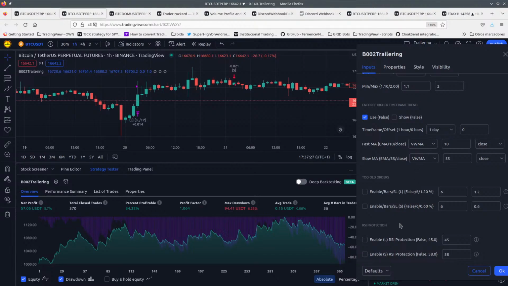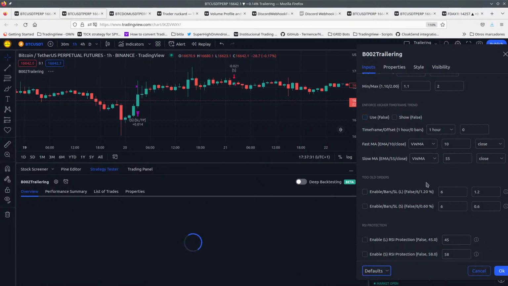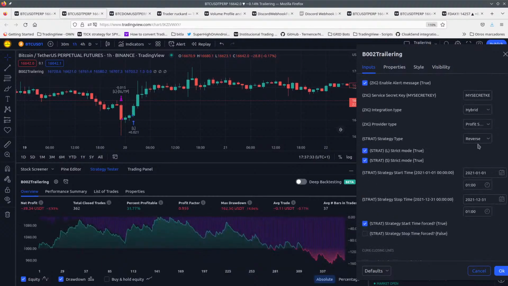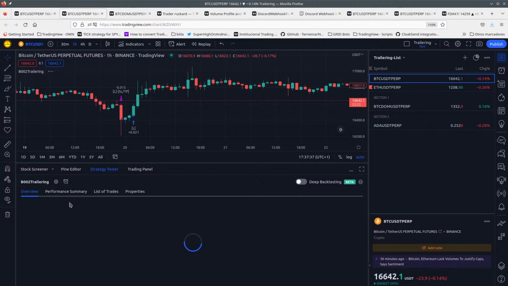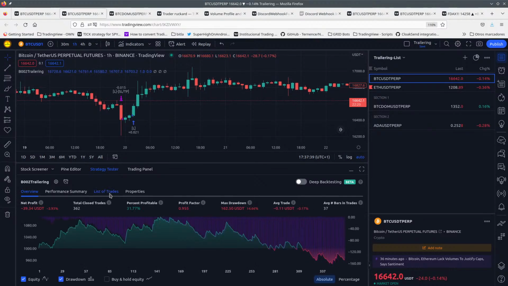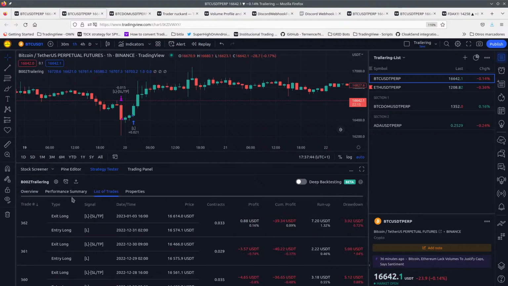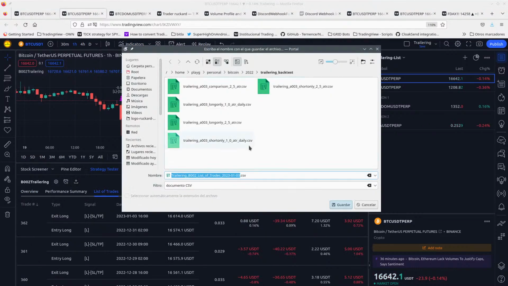Anyway, so first of all, we are going to reset. We are going to choose long only. So this is going to be trailering B2, trailering B2 long only.